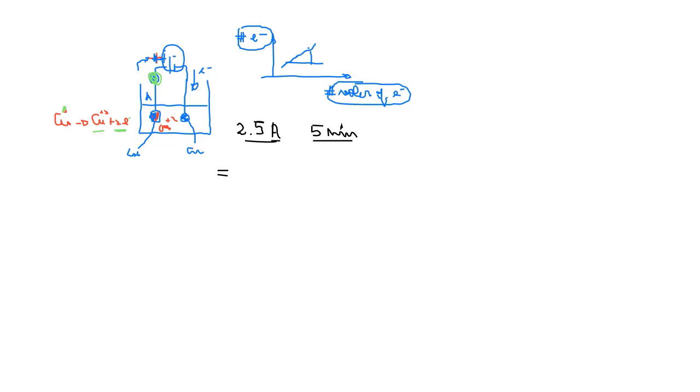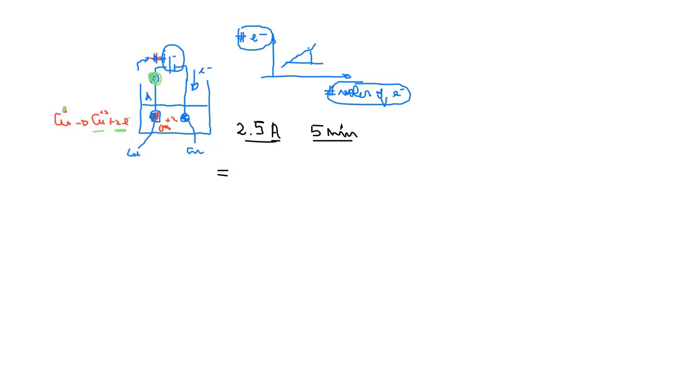Before I continue, you know that the coulomb is the fundamental unit of charge, and the amp is the unit that is used for electrical current. 1 amp is the electrical current of 1 coulomb per second.